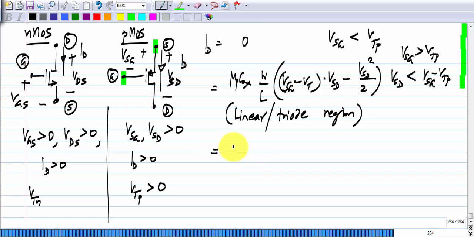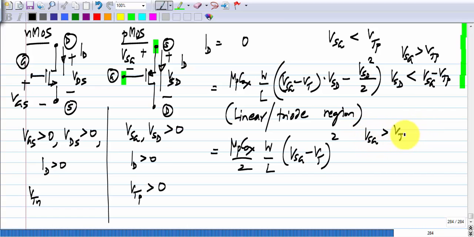Also in the other region we have mu p Cox by 2 times W by L times (VSG minus VT) square. This holds when the transistor is on, of course, VSG is greater than VTP and the source drain voltage is greater than VSG minus VTP.